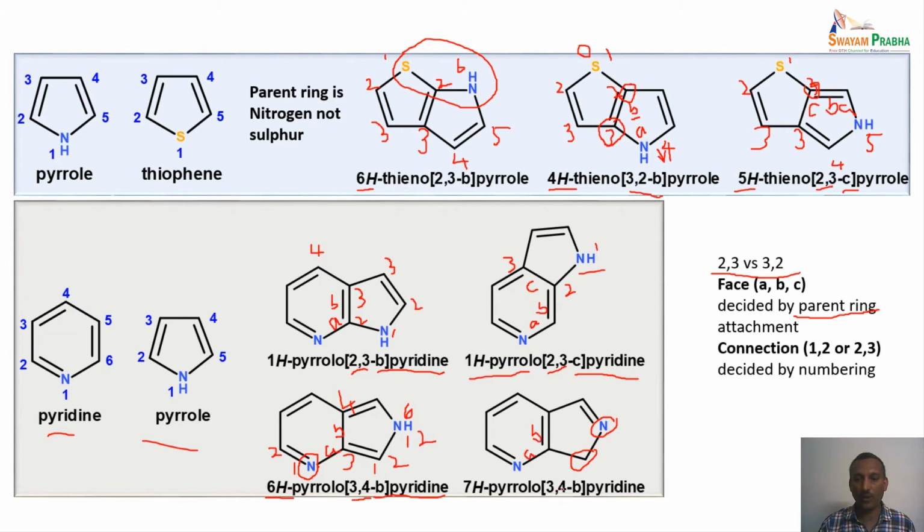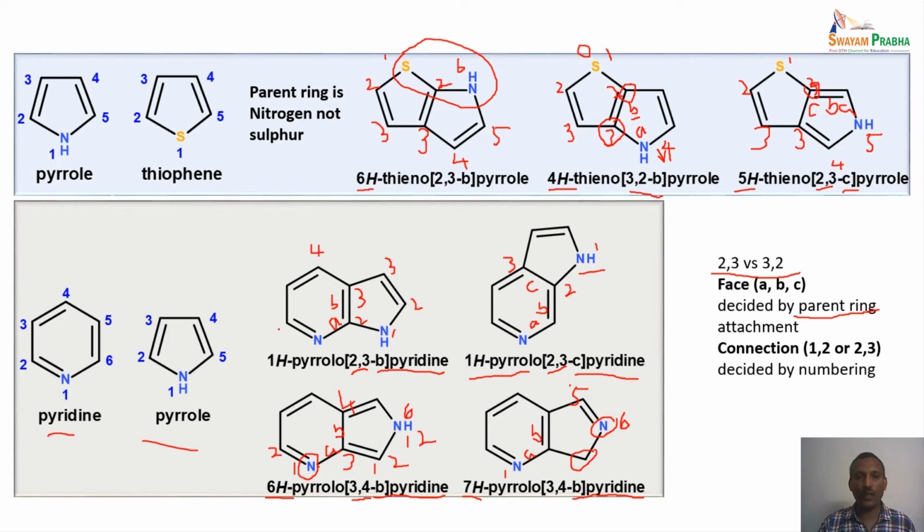The b face is the one which is attached to the pyrrole ring. And if we continue the same numbering like the previous one, the number starts from the pyridine nitrogen. 1, 2, 3, 4, 5. This is 5. And this nitrogen now is not having a hydrogen, but the next carbon is having the extra hydrogen. So that is why it is given as 7H pyrrolo[3,4-b]pyridine.